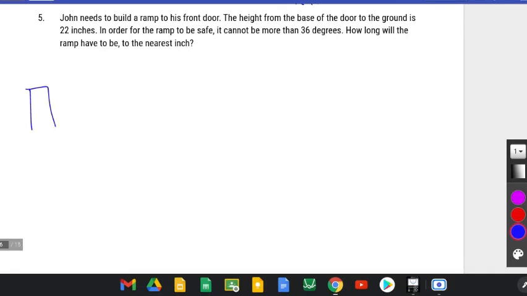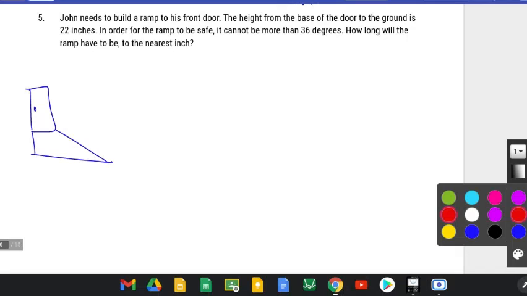So John's got a front door, and he needs a ramp up to it. The height, it says, from the base of the door to the ground is 22 inches. In order for the ramp to be safe, it cannot be more than 36 degrees.